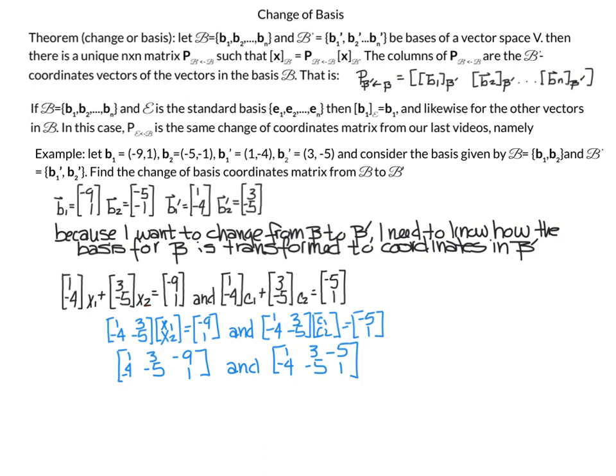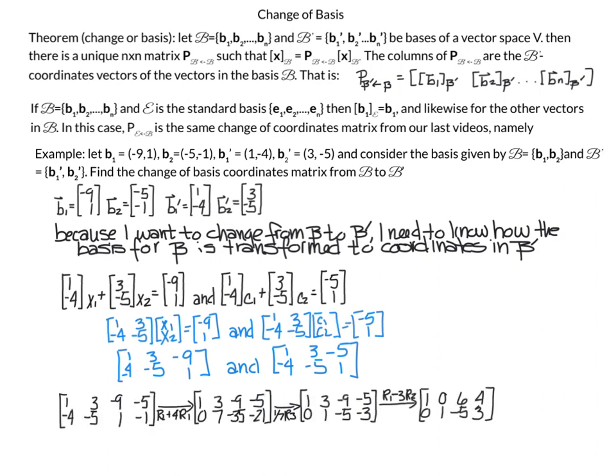But the two matrices are related, so I had one other trick just to make life a little easier. I have my coefficients, my 1, negative 4, 3, negative 5. I put my first solution vector, negative 9, 1, and then I put my second solution, negative 5, 1, and I'm going to row reduce this matrix here with these two vectors at once.